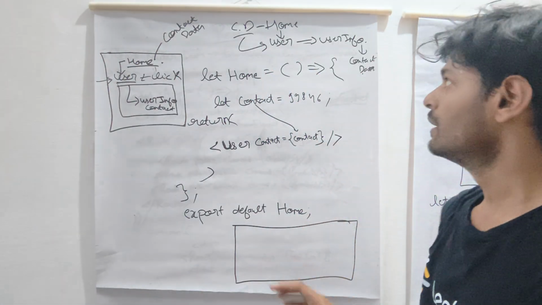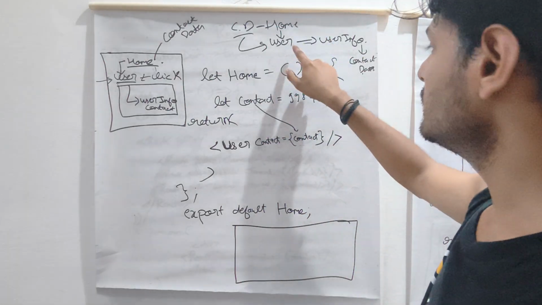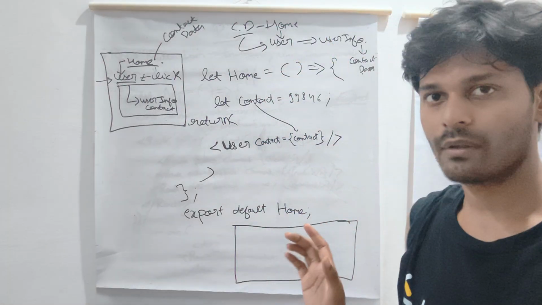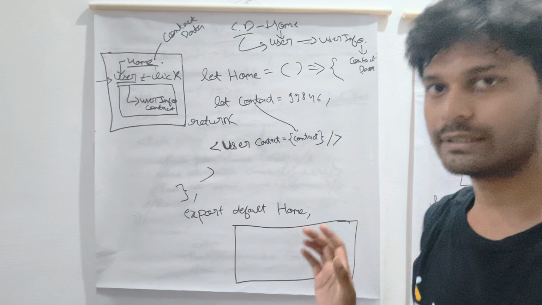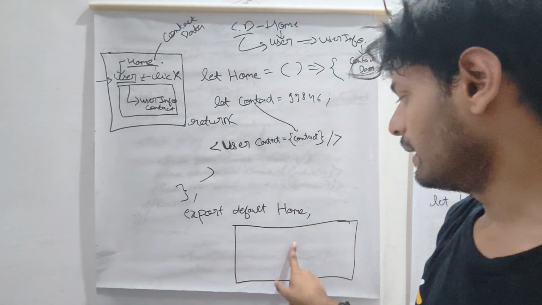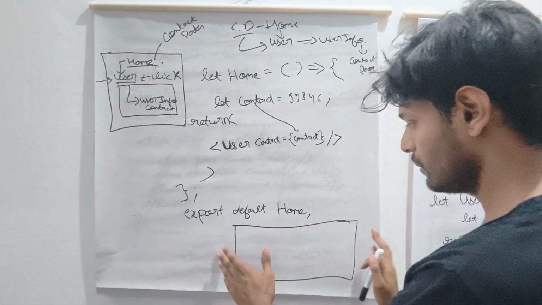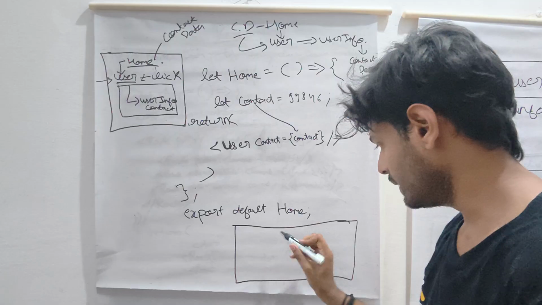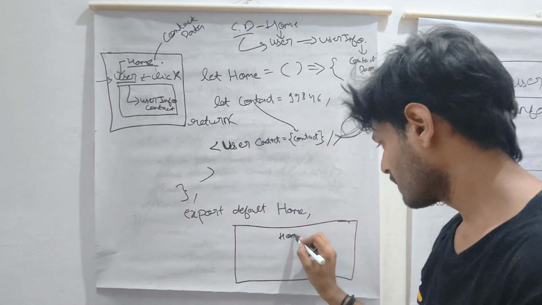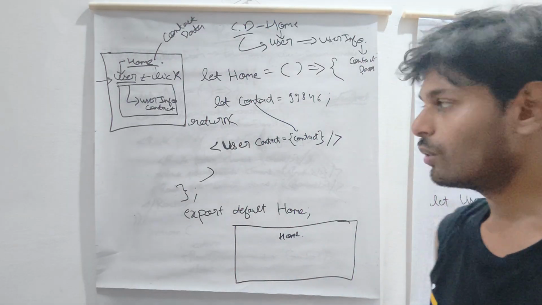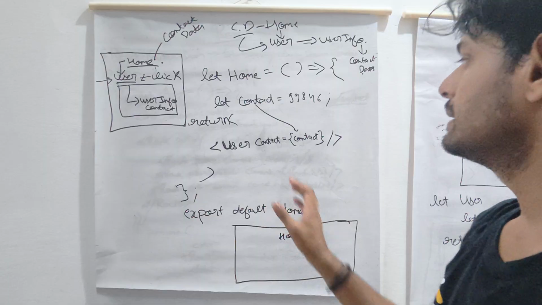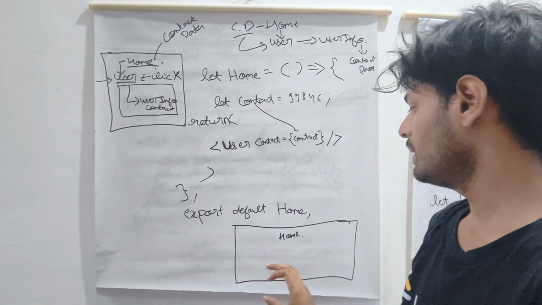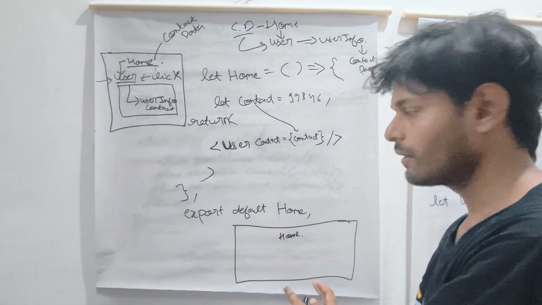And I do not want to show it on this user. So what is home doing? Home is showing user to you. Whatever the user has will be shown on this home page. So assume this is a home page. Whatever is returned in the home page will be visible here.